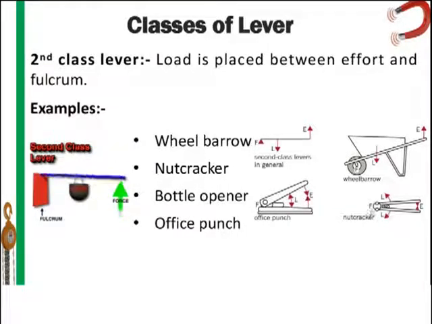And similarly with the nutcracker, the diagram shows you clearly where the effort force is at the end of the handles, and then shows the corresponding load being applied as well as the position of the fulcrum. So examples of a second-class lever are a wheelbarrow, a nutcracker, a bottle opener, or an office punch.